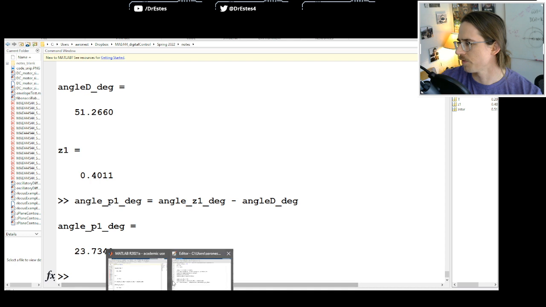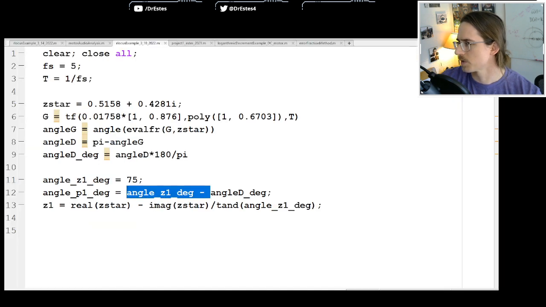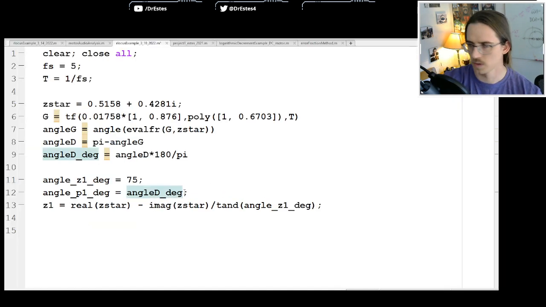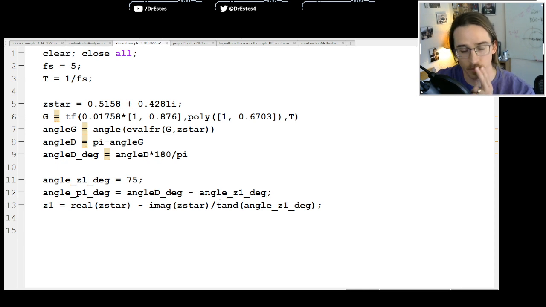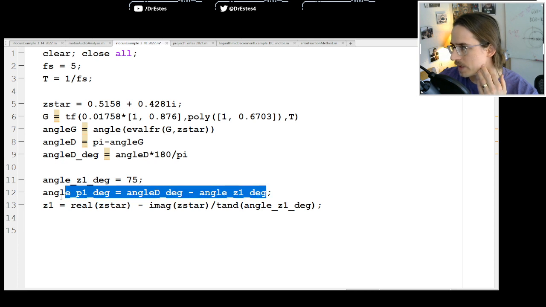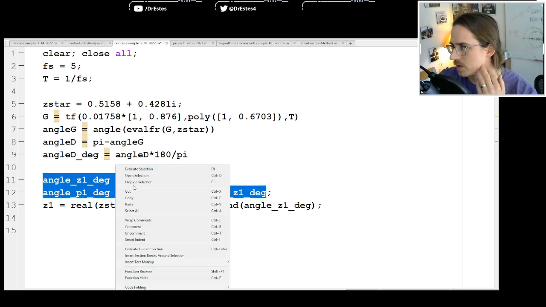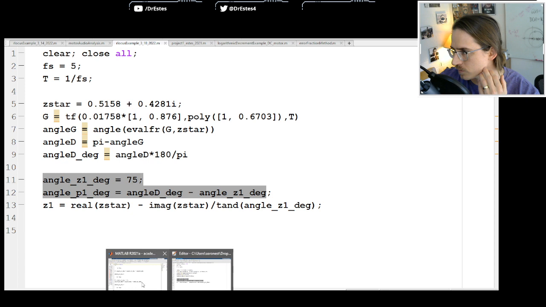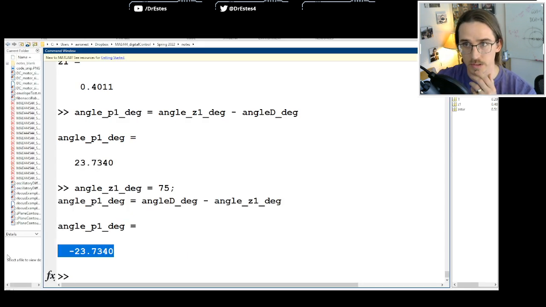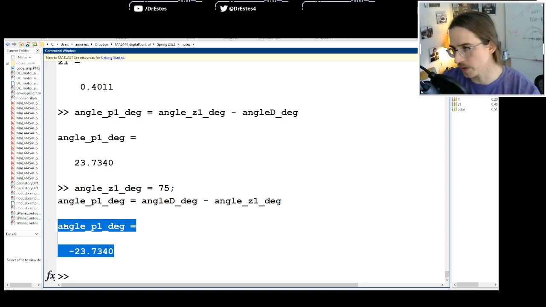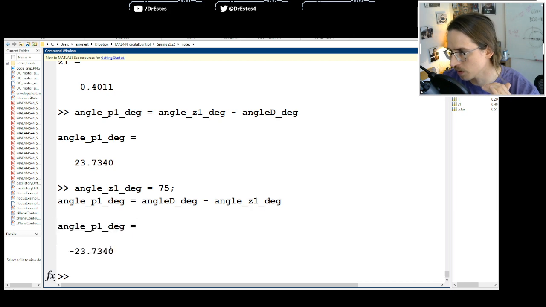Oh, I reversed it. It's supposed to be angle D. Sorry, I had the order reversed. This should be a negative number. The pole has to contribute a negative angle. So let's run that again. Minus 23 degrees. Okay. So the pole has to contribute minus 23 to bring us back to that 51 degrees.